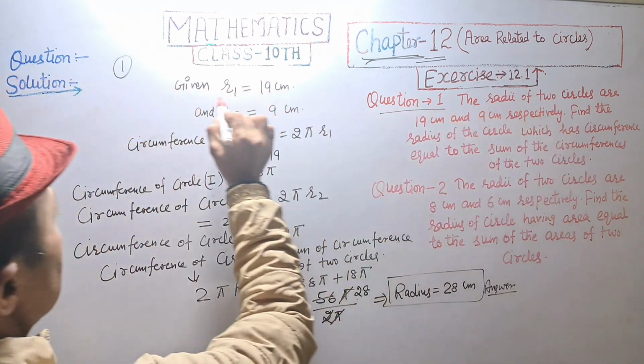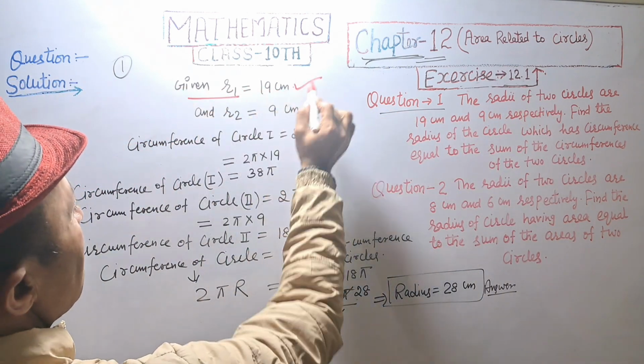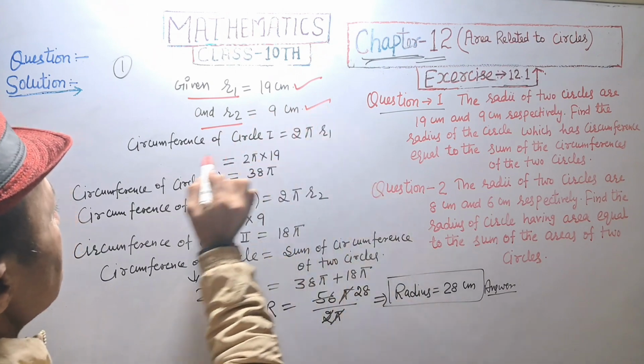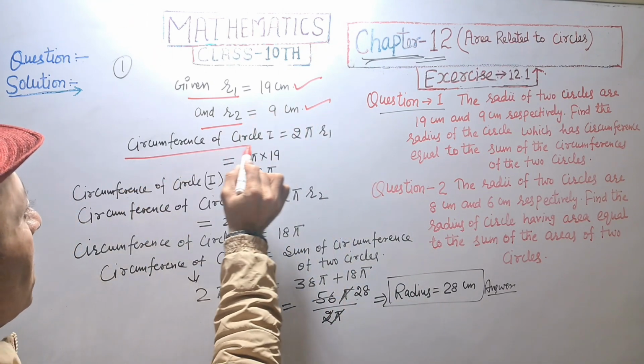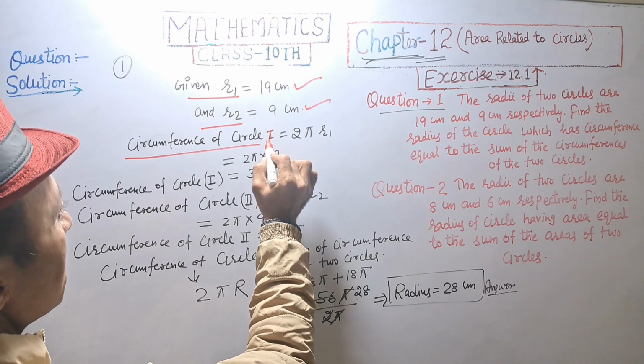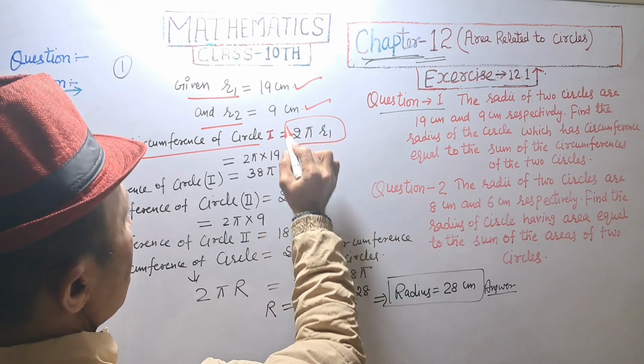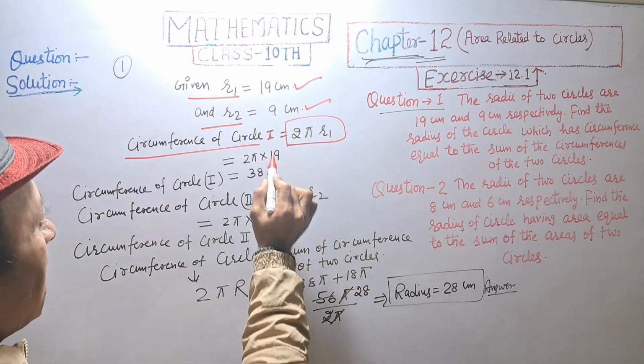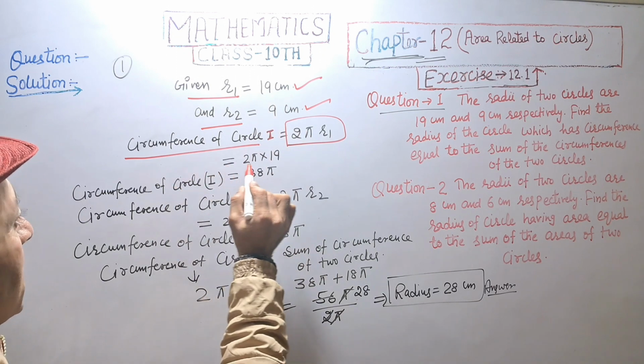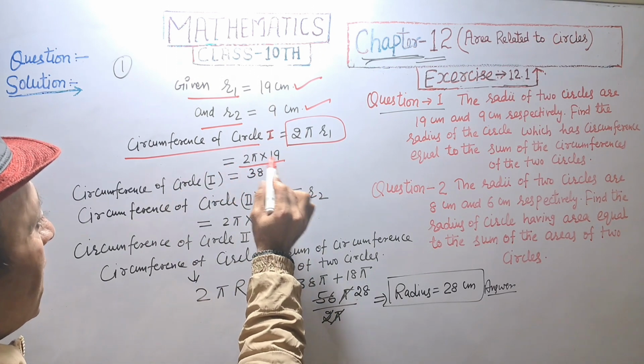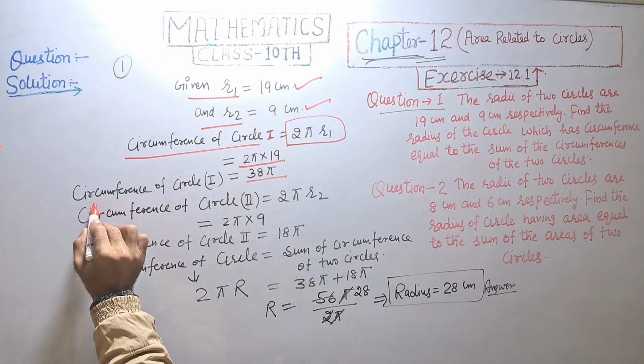Radii of two circles: R1 is 19 centimeter and R2 is 9 centimeter. Circumference of the first circle is 2 pi R1, so 2 pi into 19, that is 38 pi.